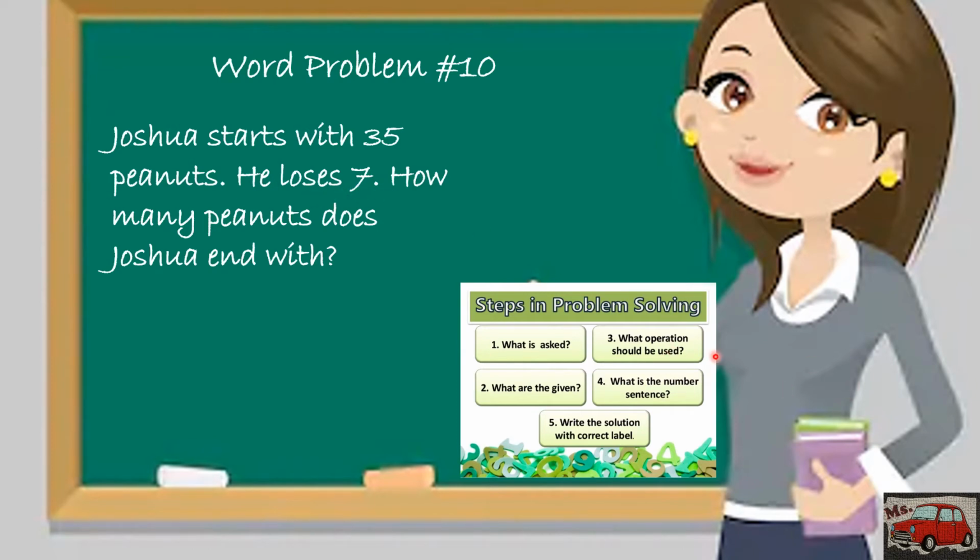Third, what operation should be used? So, since we're talking about kung ilan na lang yung natira, and then yung keyword na he loses 7, so ibig sabihin our operation is subtraction. What is the number sentence or expression? So, since subtraction ang gagamitin natin, so that would be 35 minus 7. Then let's solve.